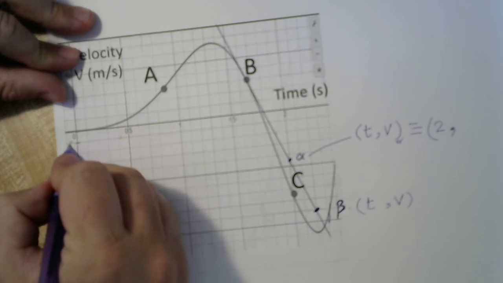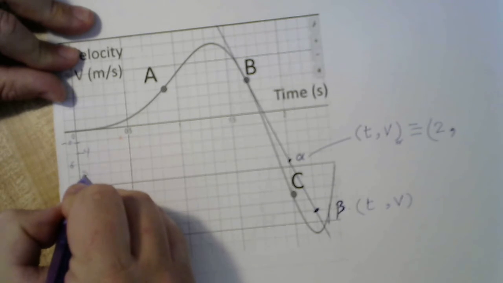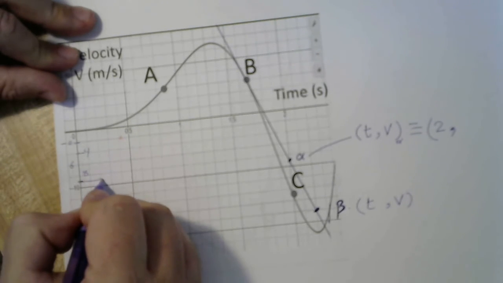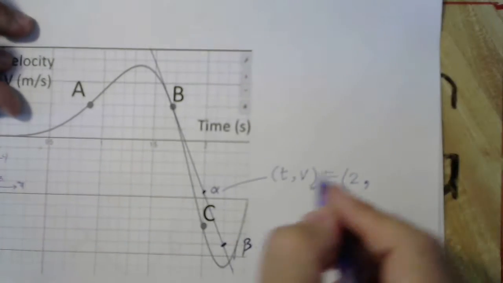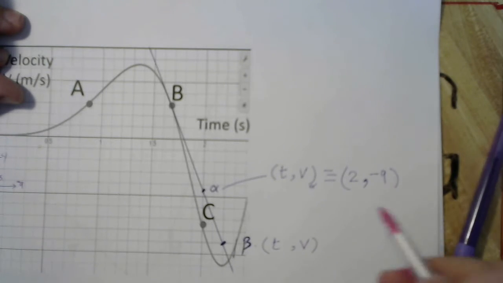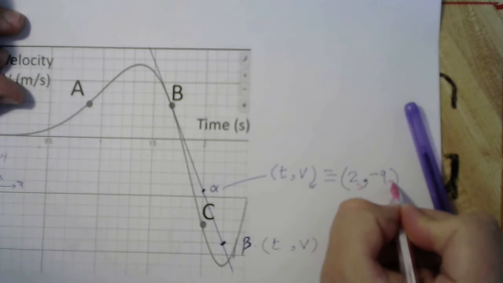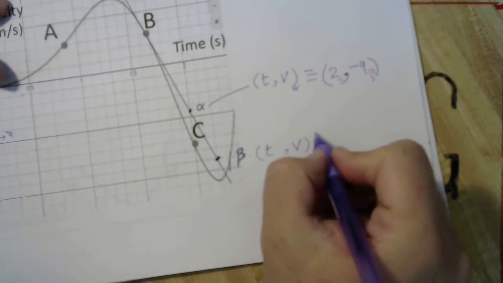This is 2, 4, 6, 8. It is approximately negative 9, so my velocity here is negative 9 meters per second.